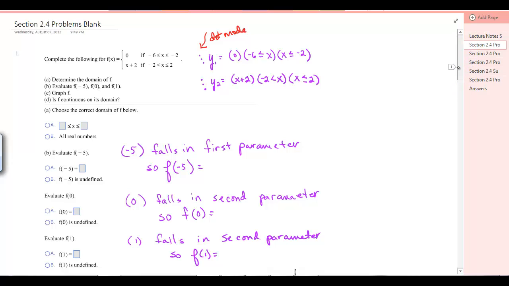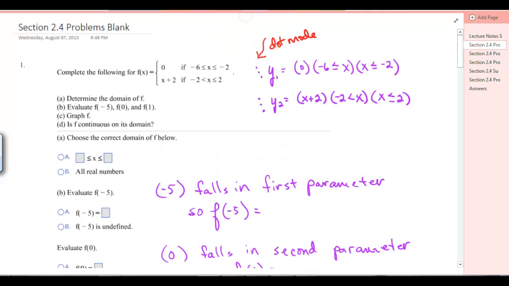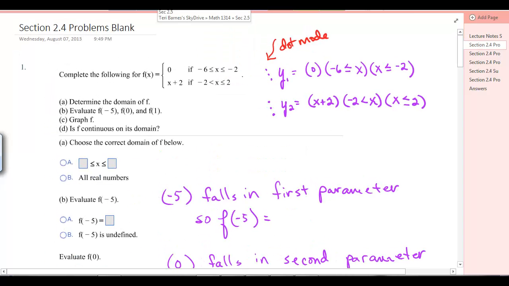All right, so let me make this a little bigger. The first question says complete the following for this. And for the first part, you don't have to graph it. We can do the evaluation without graphing it. This will be for this last part, this C part. So the first thing says, what's the domain?